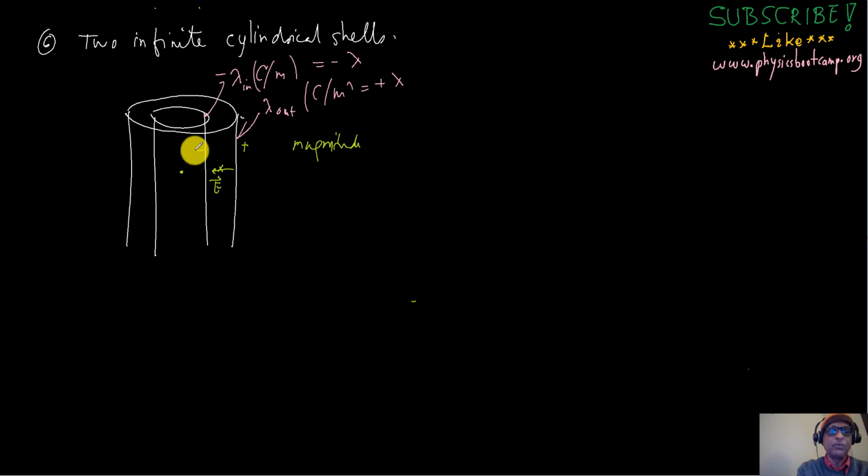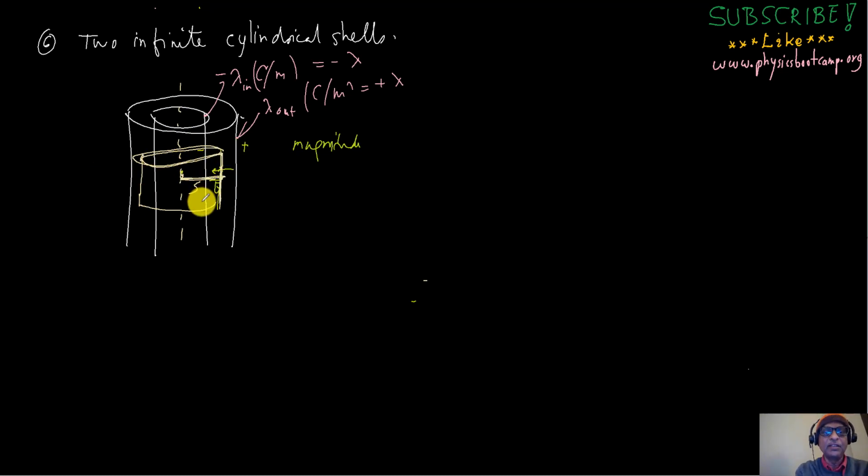We can imagine a Gaussian surface, let's use a different color. Suppose this is a distance s from the axis, then the electric field will be the same in magnitude on all points of the surface.